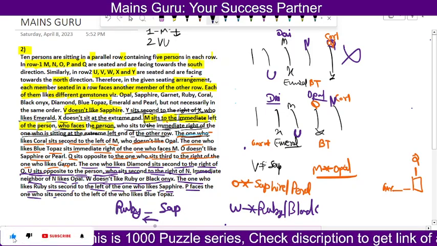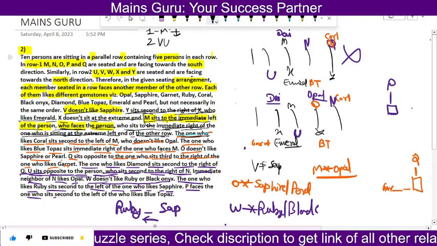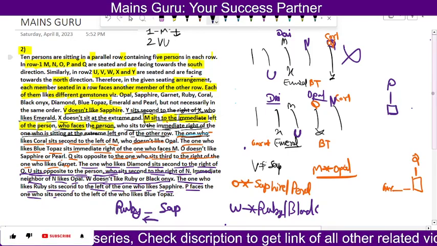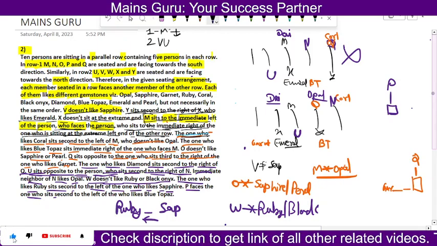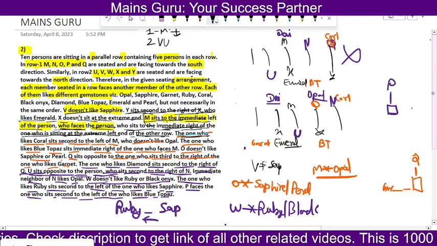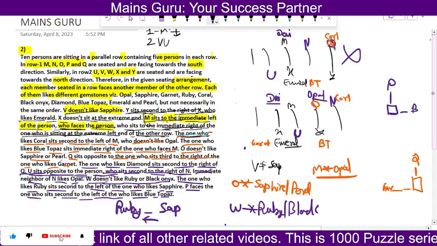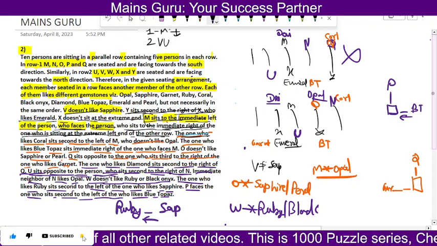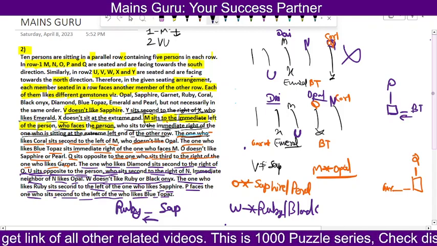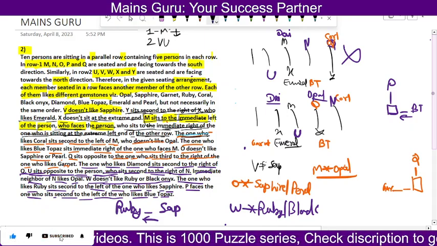P is sitting in the first row, so accordingly we will make this possibility. P is the one who sits second to the left of the one who likes Blue Topaz.